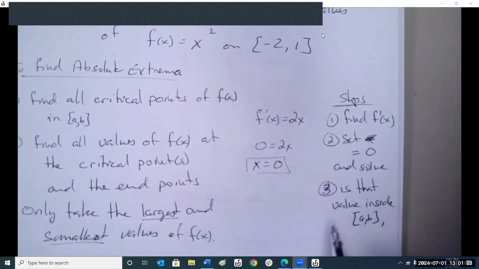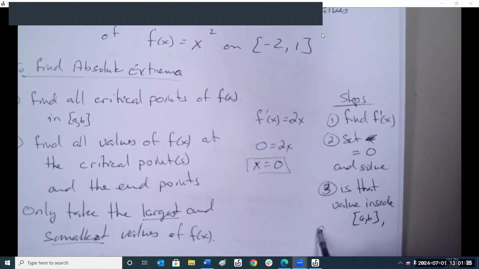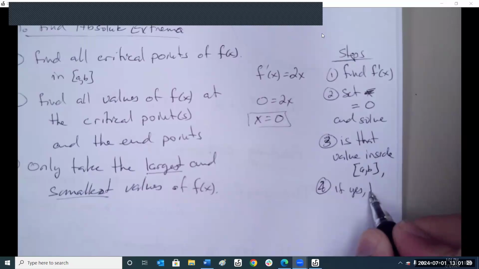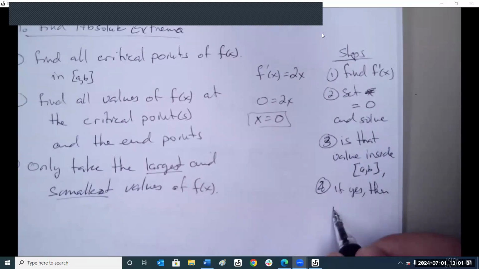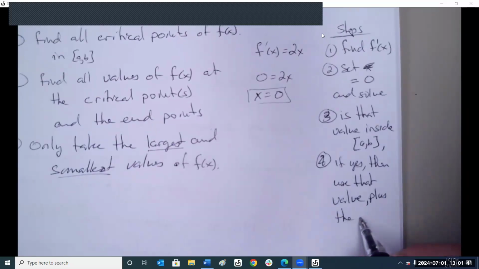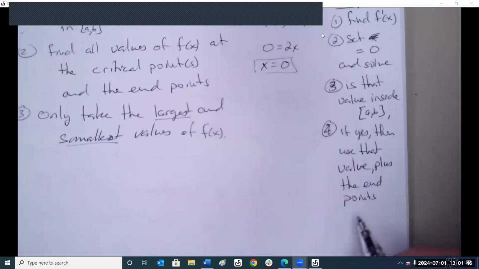Yeah. If yes, then use that value plus the endpoints and plug into f of x.